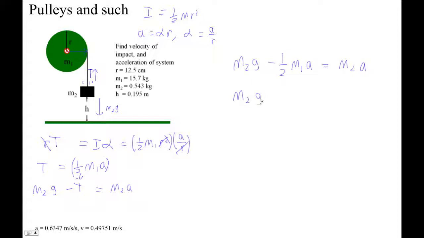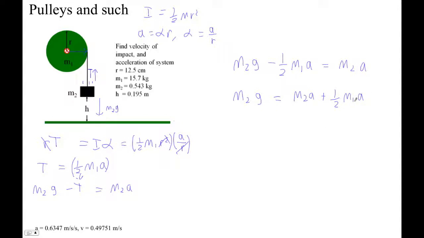Now we're almost there. m2 g equals m2 a plus 1/2 m1 a. You see this a lot: the pulley, since the moment of inertia is 1/2 mr squared, contributes kind of like a half, because a lot of that mass doesn't do much moving and some of it does a lot of moving.